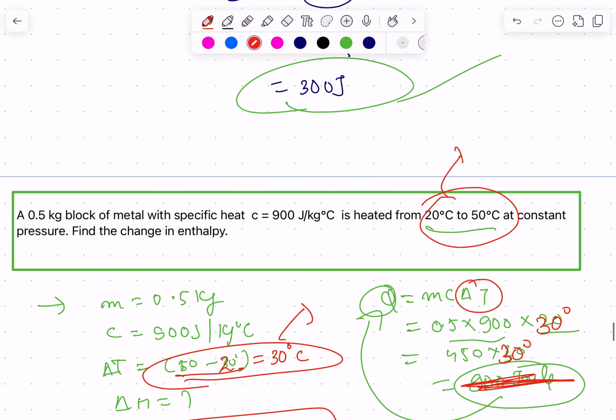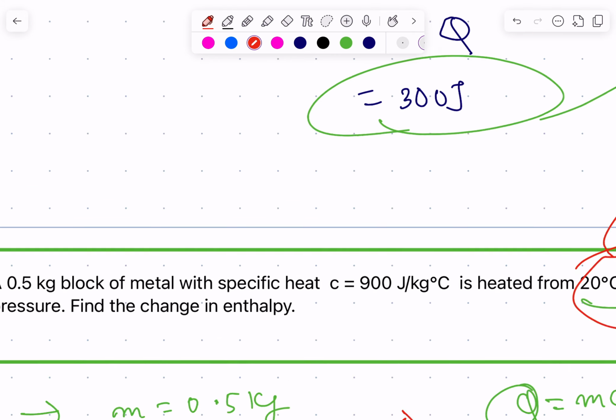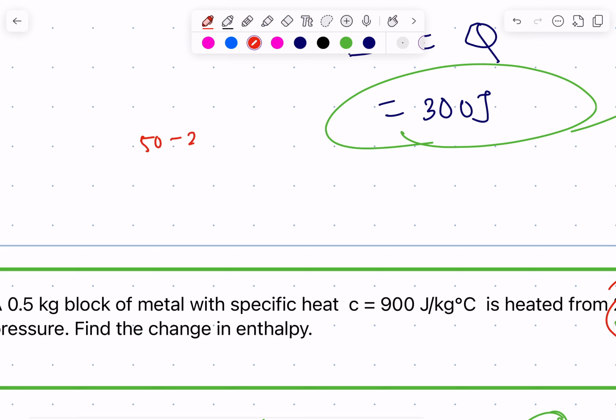Well, if it is in Celsius and you convert it to Kelvin, the delta T will be the same. It will be constant. Let's say 50 minus 20 will be 30. But in Kelvin it is 323 minus 293, which is also 30.